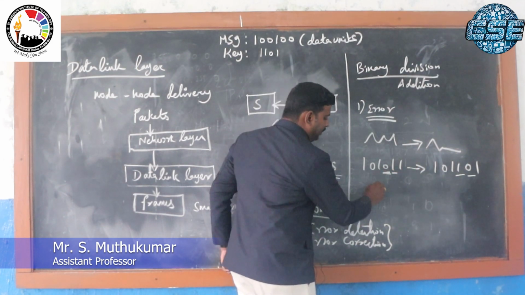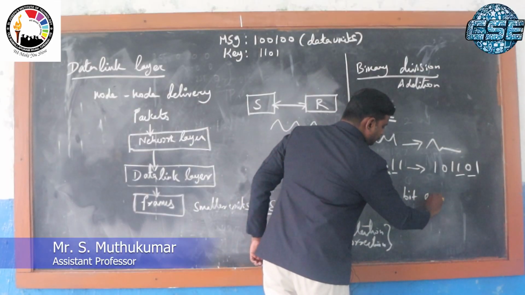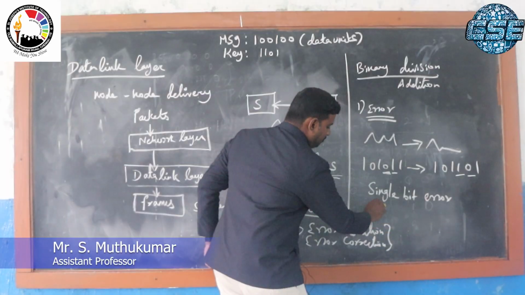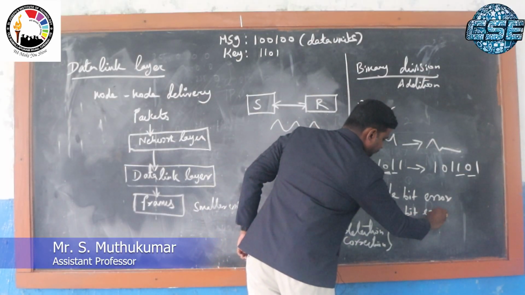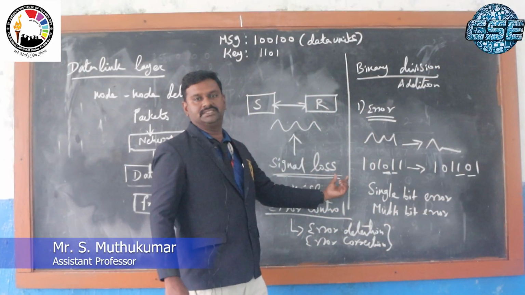If only one bit is changed, that is called a single bit error. If multiple bits are changed, that is called a multi-bit error. Sometimes multiple consecutive bits are changed.